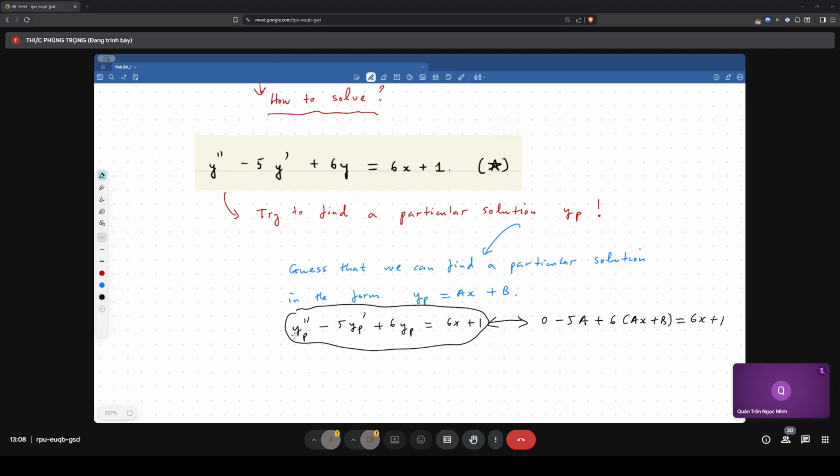0 is the second derivative. A is the first, and then from here you get 6as plus 6b minus 5a is 6s plus 1. So from here you see that A is 1 and B is 1.